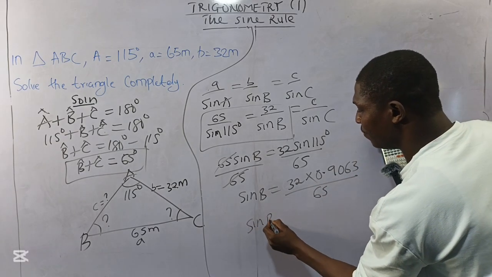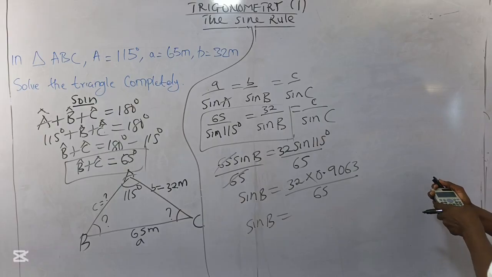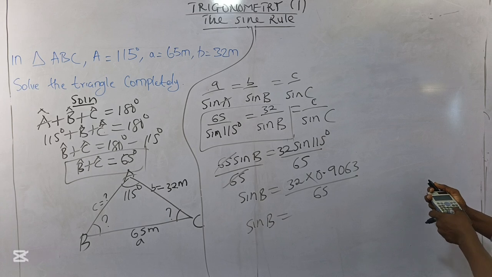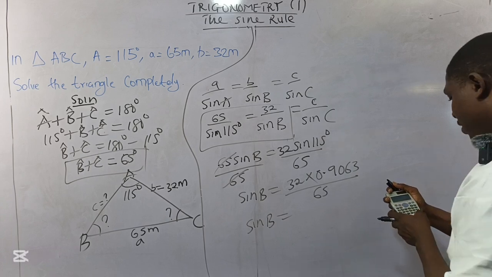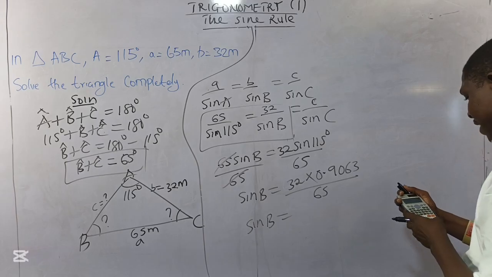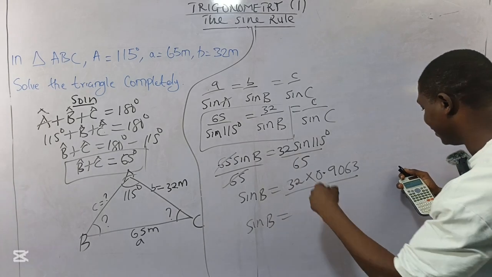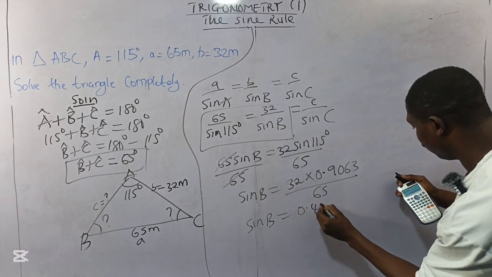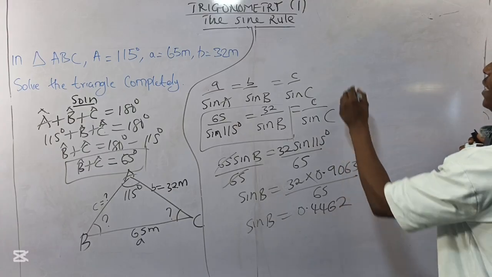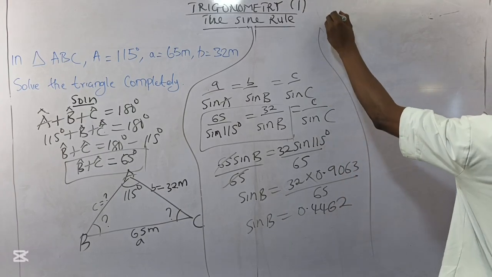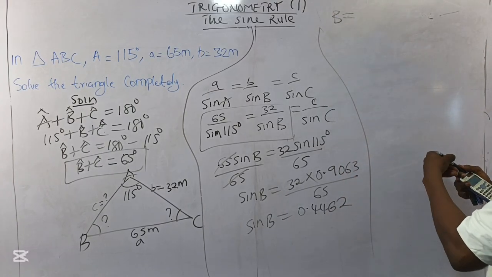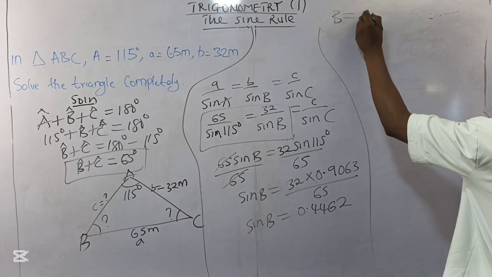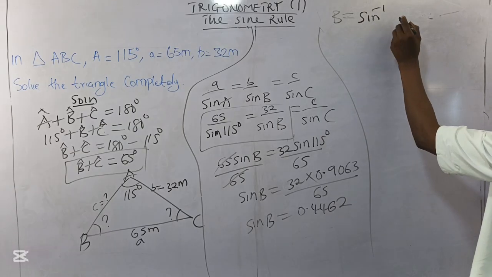And I'll have my sine B to be equal to the value gotten times 32, divided by 65. Remember our value must be less than 1. So I have 0.4462. And I'll have B to be equal to the arc function of my sine, since it's coming to the other side.